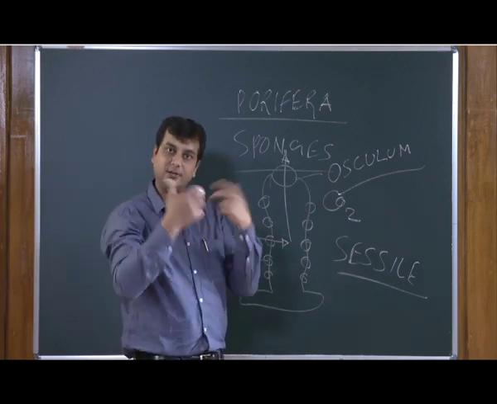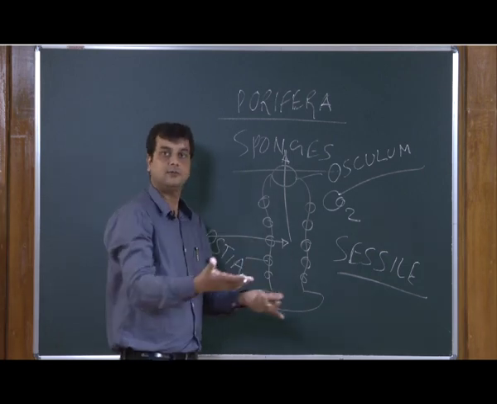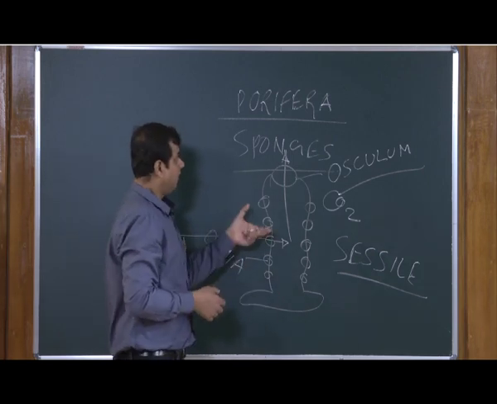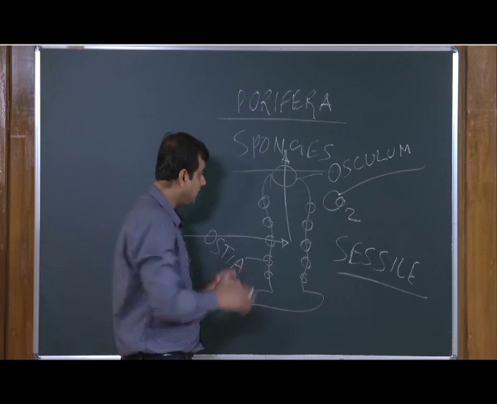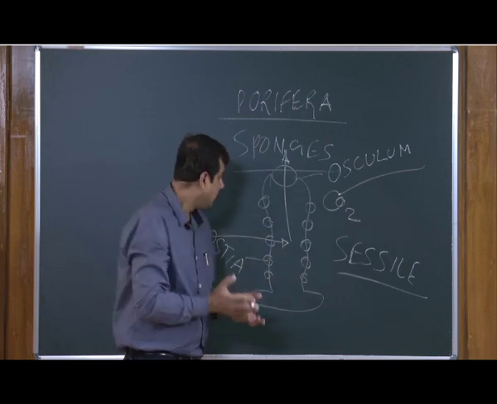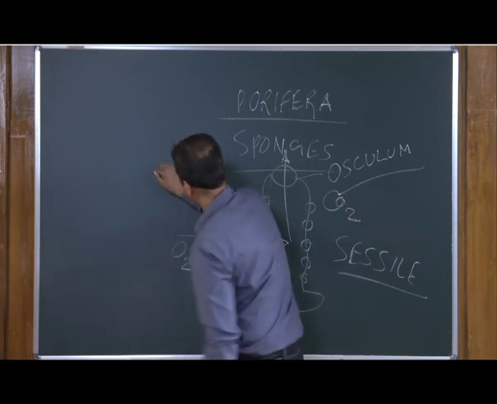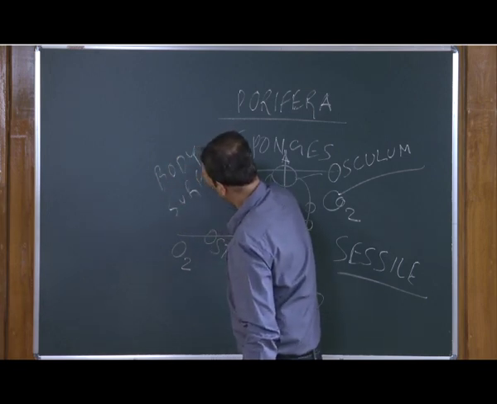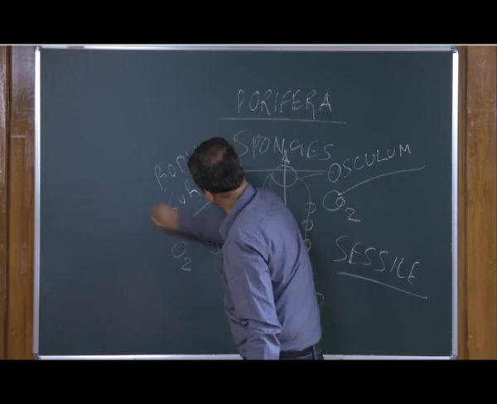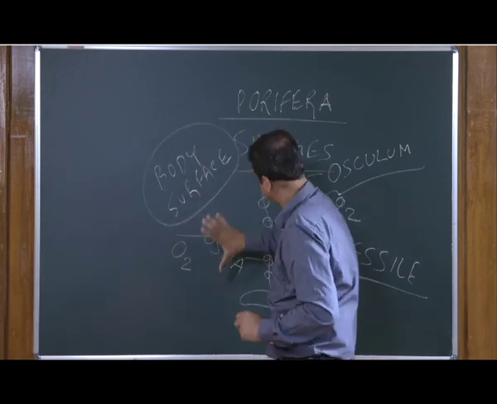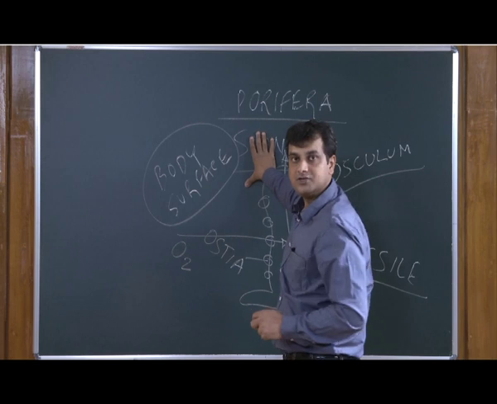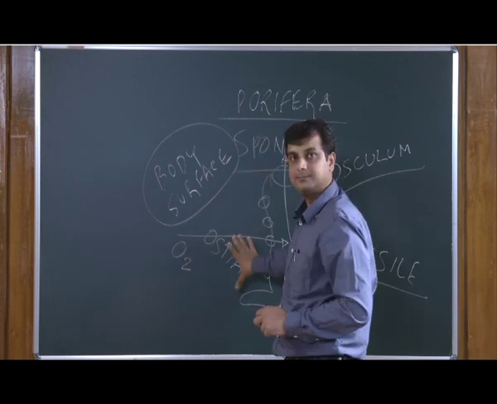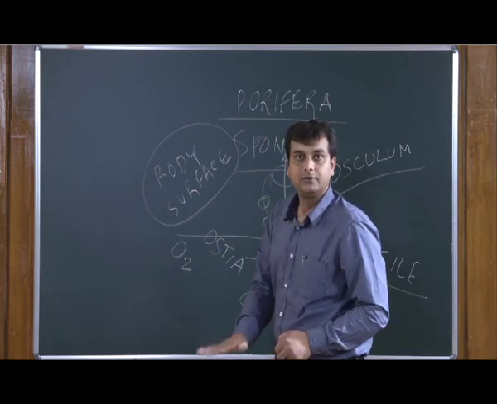So, what is happening here? There is no specialized structure. The whole body surface area is the actual unit of exchange of gases in these sponges. Now, these sponges are very specialized lower invertebrates.